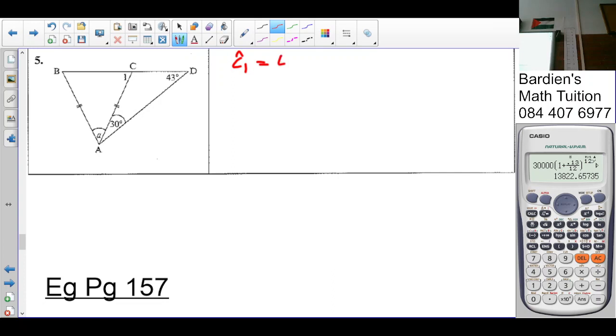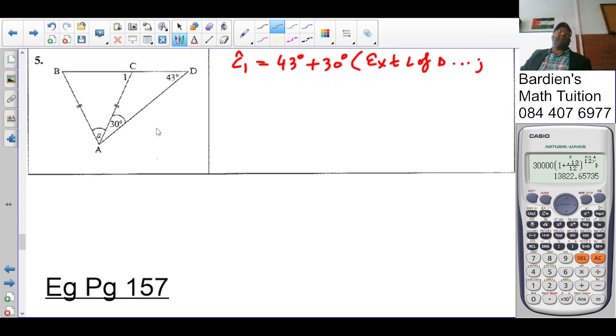So C1 is equal to 43 degrees plus 30 degrees. Why? Because that's exterior angle of triangle, which means to say exterior angle of triangle is equal to the sum of the two interior opposite angles. Not so? Now what?